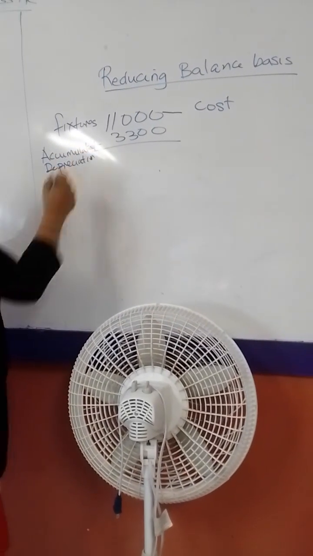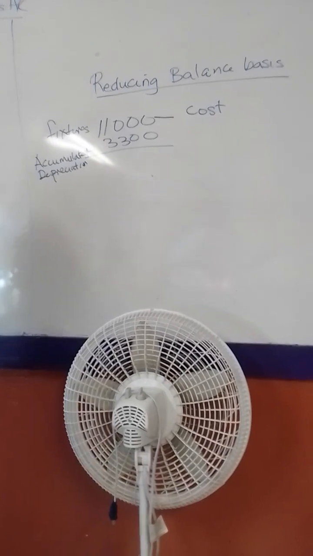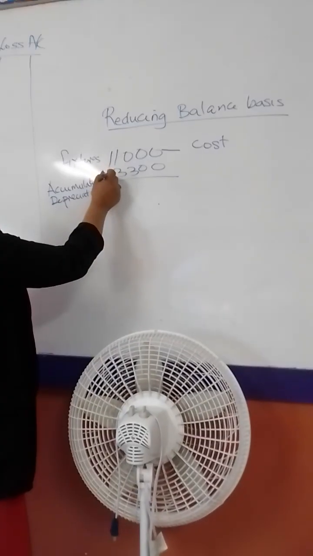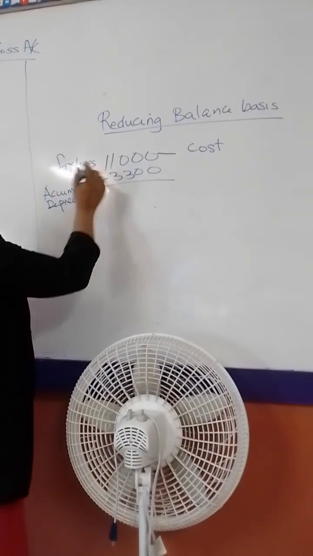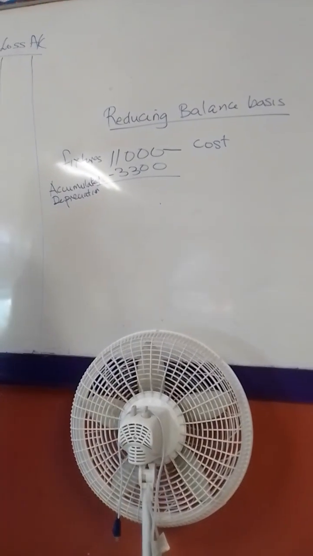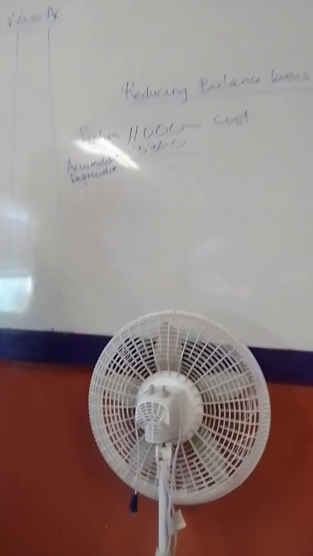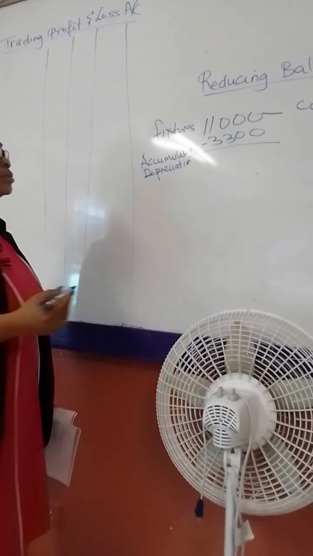So the fixtures at cost was 11,000. The accumulated depreciation was 3,300. I am now subtracting 3,300 from 11,000. What am I left with? 7,700.